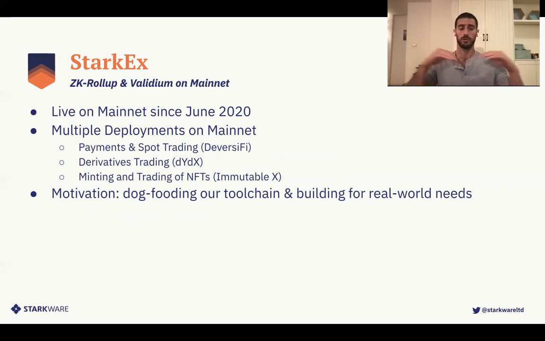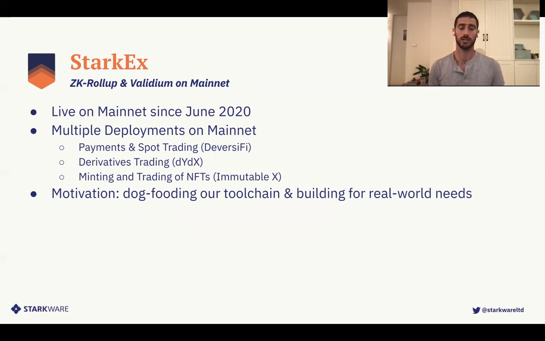Starknet is a ZK rollup platform or layer, which allows many contracts to be deployed on top of it. And StarkX is a specific application. So we have dYdX, sorry, we have Diversify, which supports payments and spot trading. We have dYdX, which supports derivatives trading. And we have ImmutableX, which supports minting and trading of NFTs. And we have more coming, which hopefully we'll announce publicly soon.